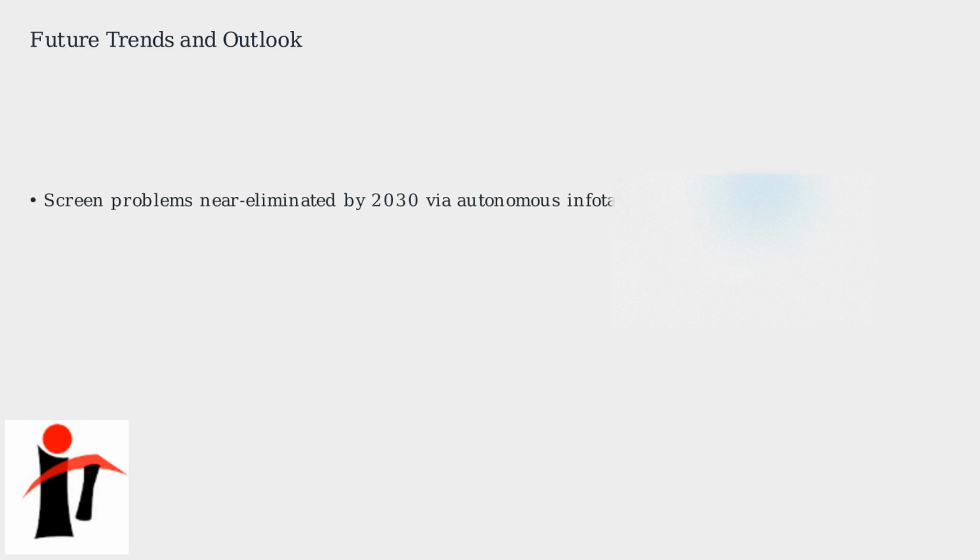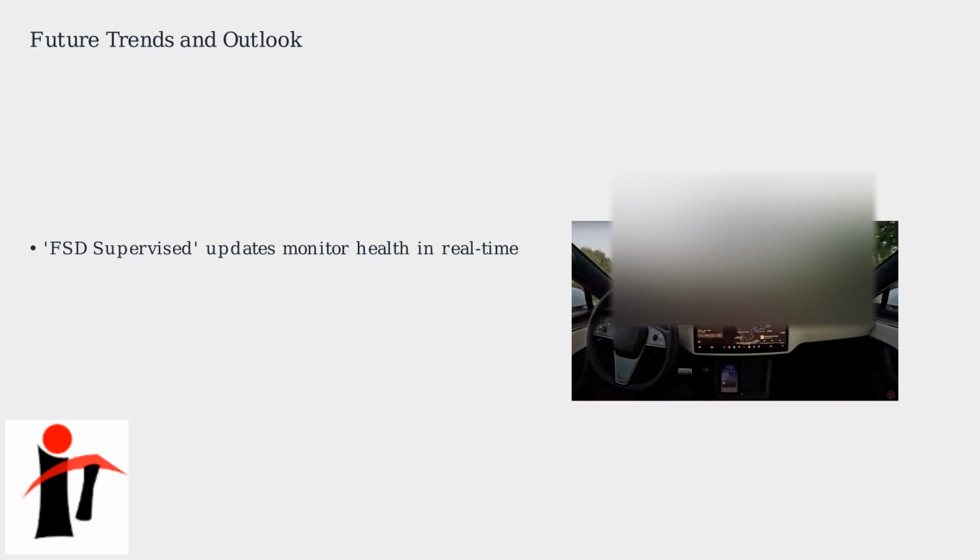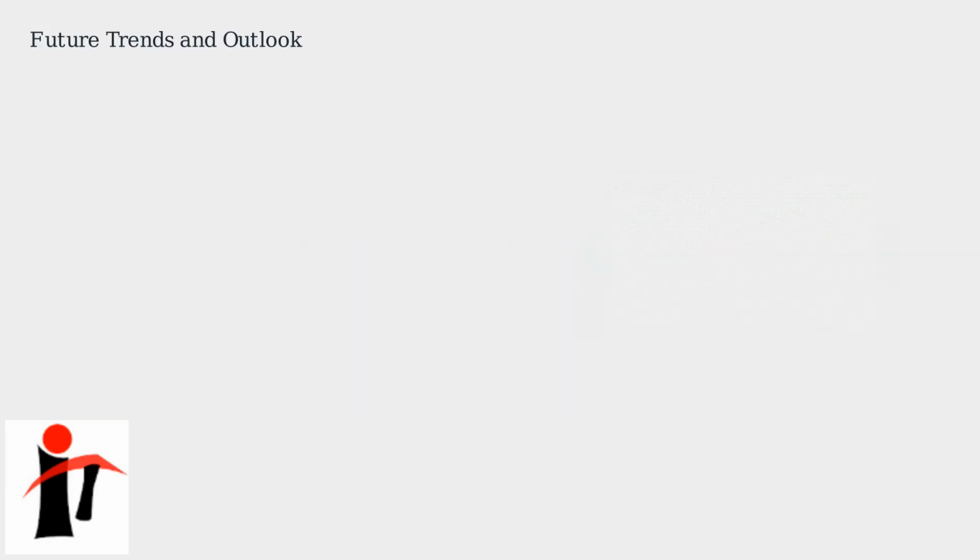Experts predict that screen problems will be nearly eliminated by 2030 through fully autonomous infotainment systems. By 2026, Tesla introduced FSD-supervised updates that monitor infotainment health in real time, predicting freezes based on usage patterns. This makes the Model 3 a more robust platform overall.